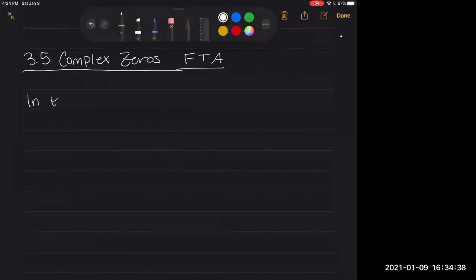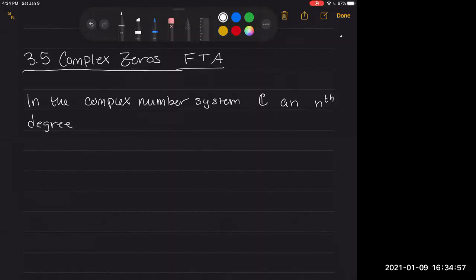So in the complex number system, which we will denote as a fancy C, an nth degree polynomial will have exactly n zeros.